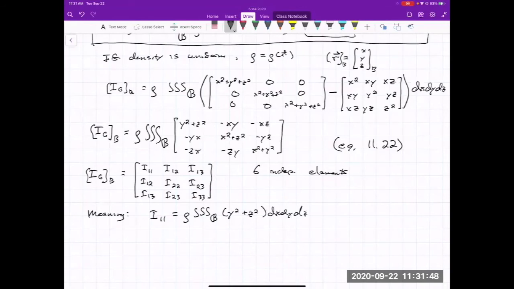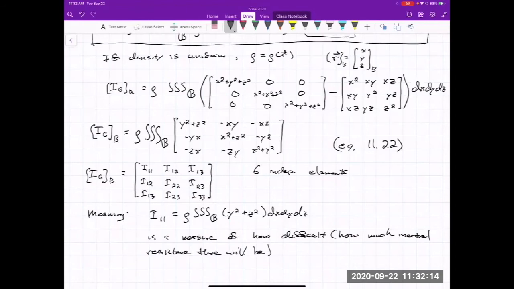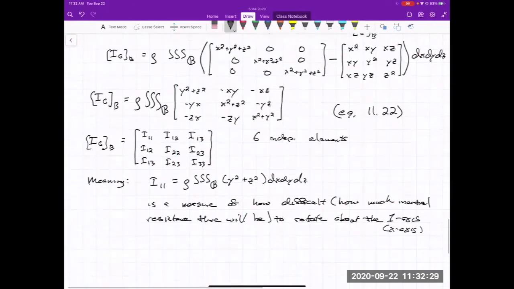It's a measure of how difficult it is, meaning how much inertial resistance there will be, to rotate about the one axis, or if you want, the x-axis, the B1 axis.